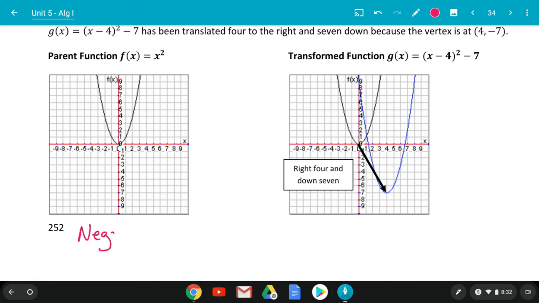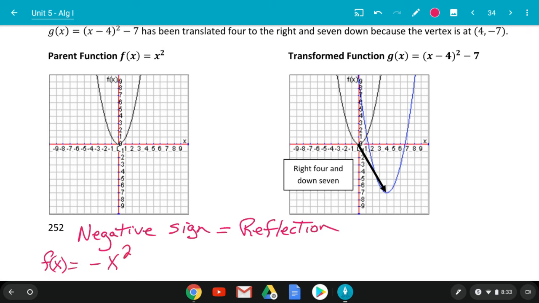Negative sign equals reflection. So f of x equals negative x squared.